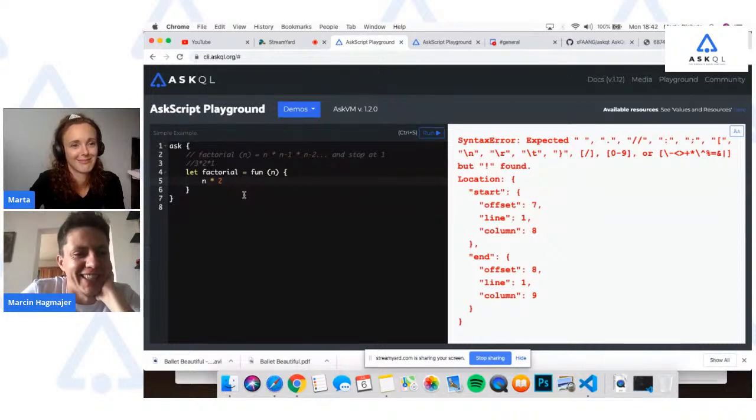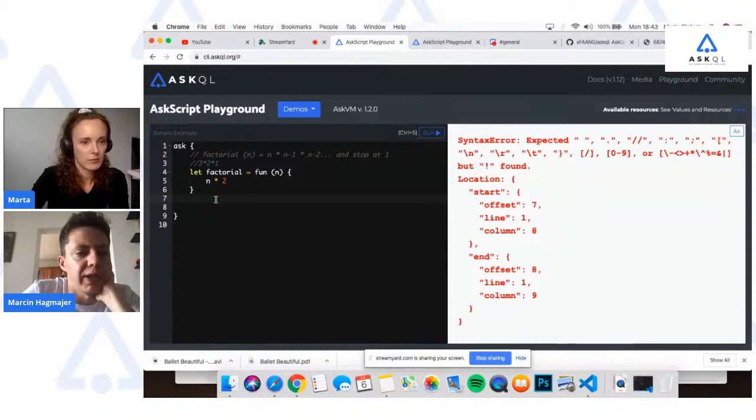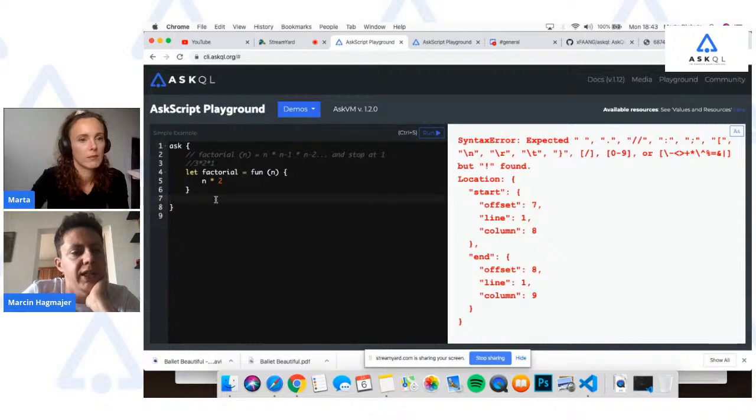So maybe we can start here and evolve. Okay, maybe down there at line 7, we can write a small test, maybe see what factorial of 5 is, or factorial of 3, because we know factorial of 3 is supposed to be 6, so we can keep checking if we got it right.